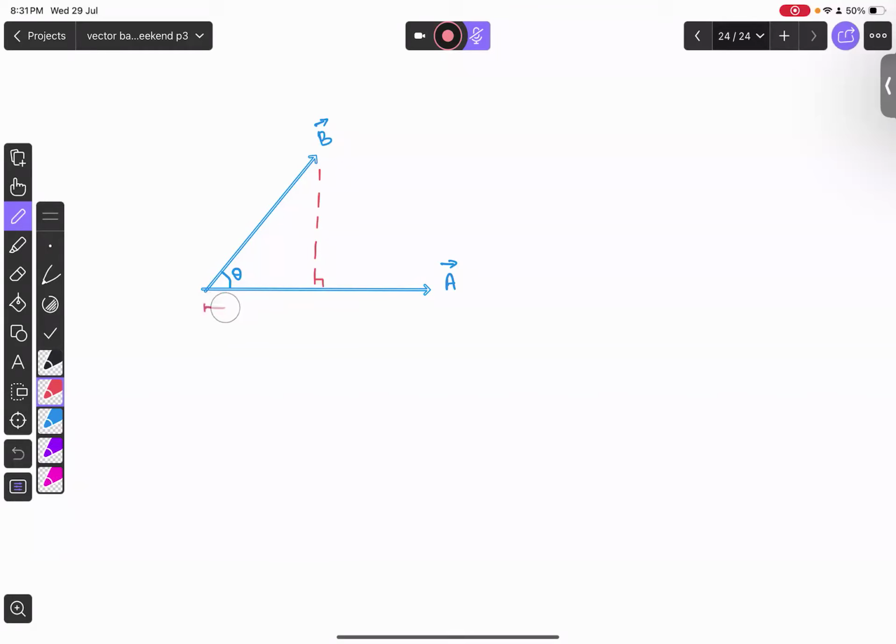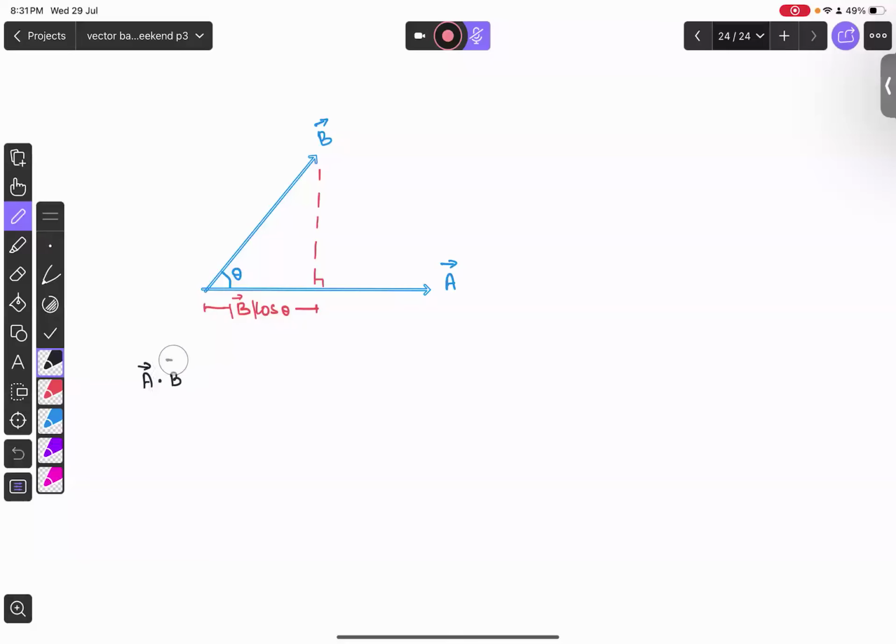So the component that vector B has along A is B cos theta. That is something we know. If I have to find the component of B along A, I will just do B into cos of the angle between A and B, which is theta. So I can use it to determine this B cos theta value also.